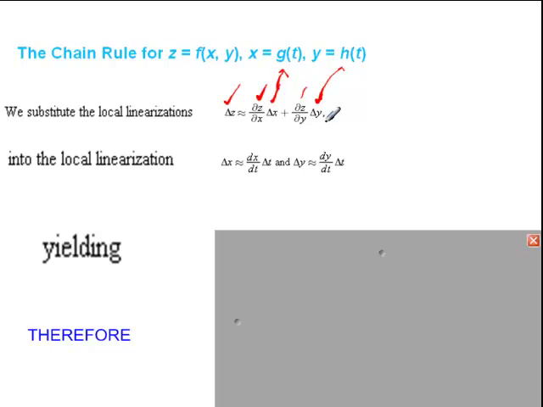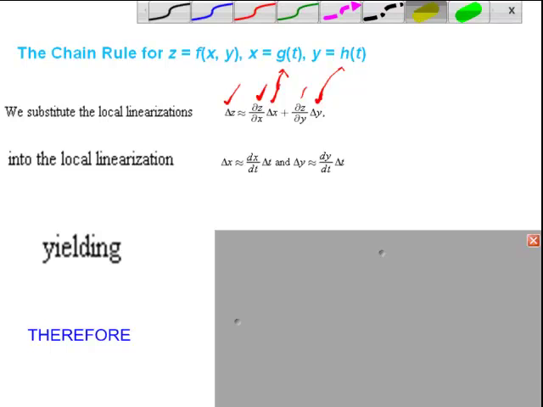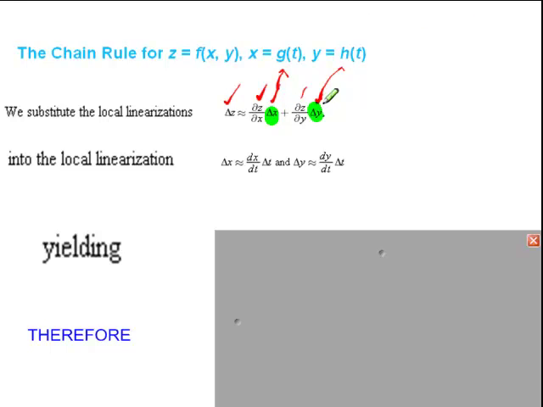So I can replace delta y and delta x, the change in x and the change in y, with the following, because they are changing as a function of time. They change because of time.